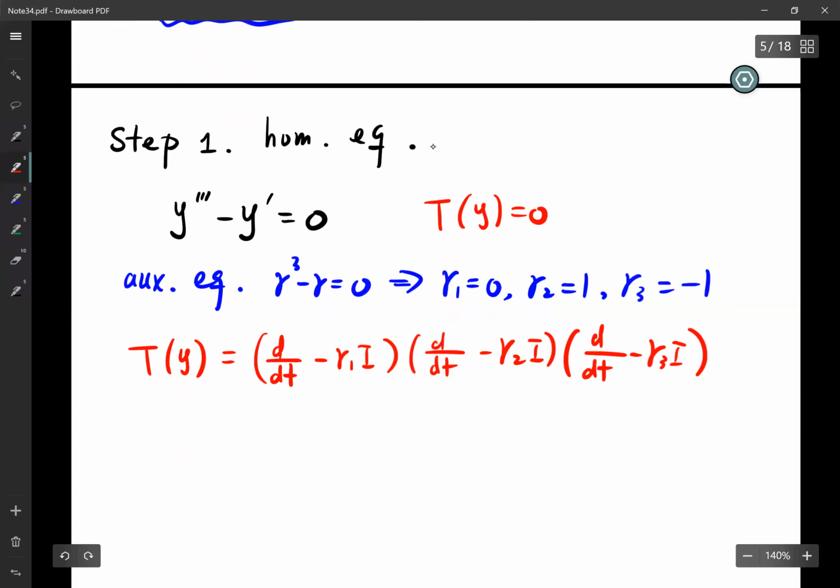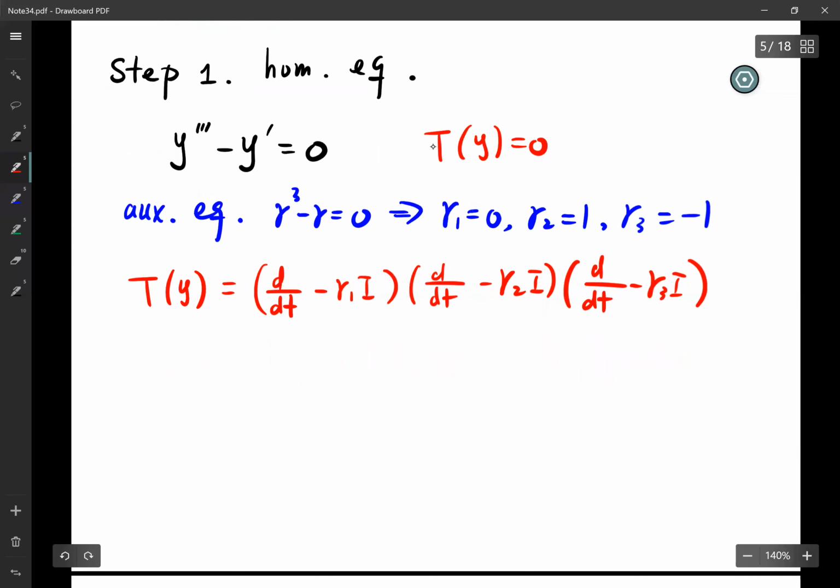So if r1, r2, r3 are distinct roots, they all commute, so I can put any of them on the right and solve a first order differential equation. I get a different solution for each root, and they are all linearly independent. Then we're done.